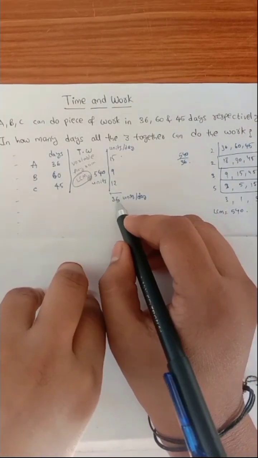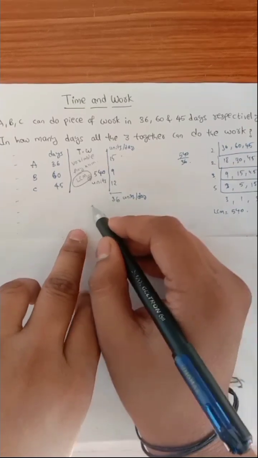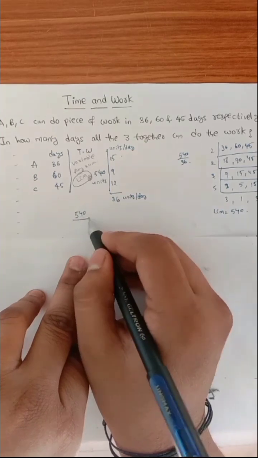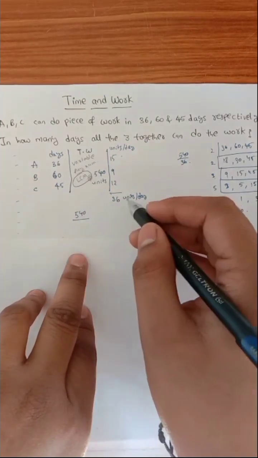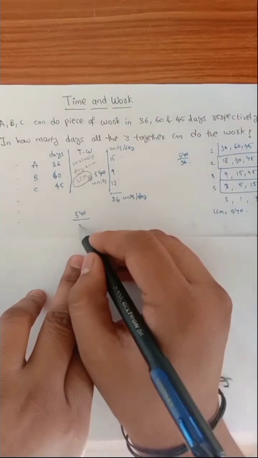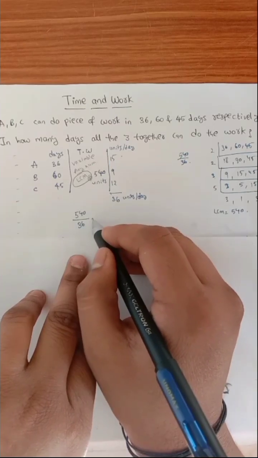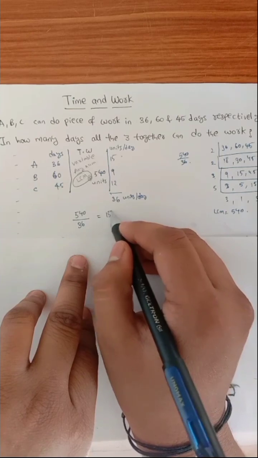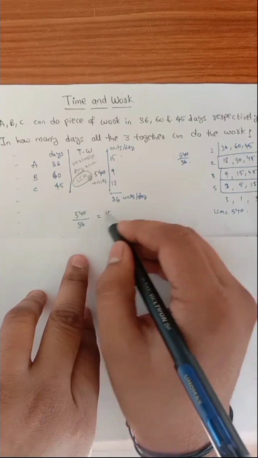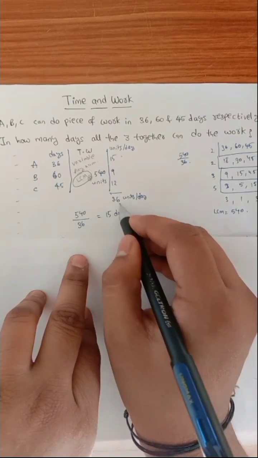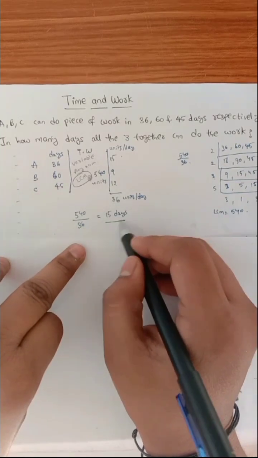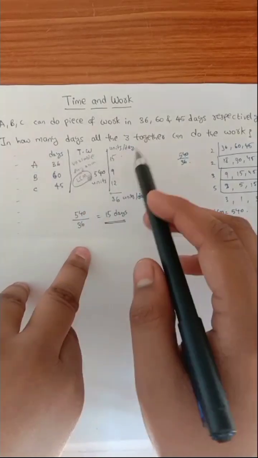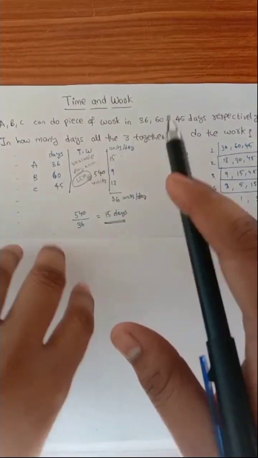Similarly, the total amount of work is 540 and per day all together complete 36 units. Then if we divide, you are going to get 15. This 15 is the number of days. All together can perform it in 15 days. So this is how you can solve this time and work aptitude question.